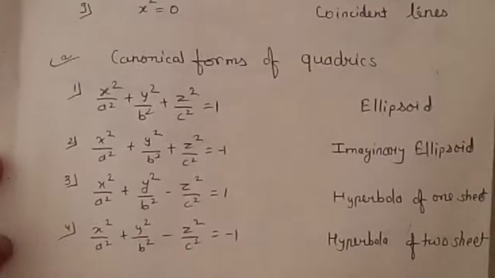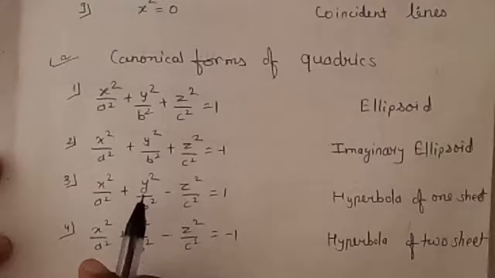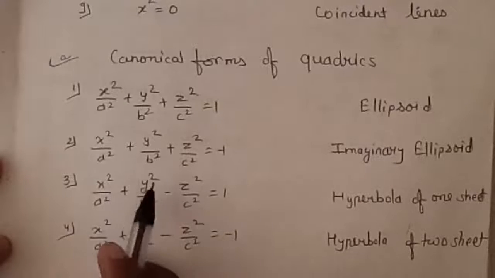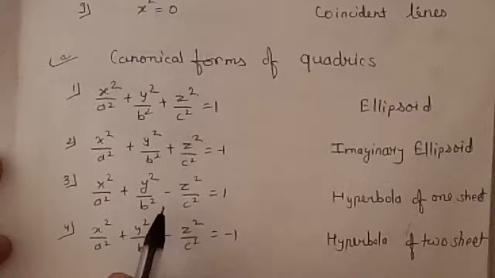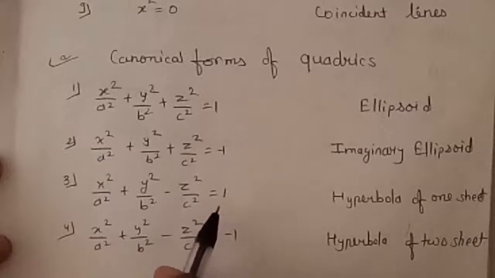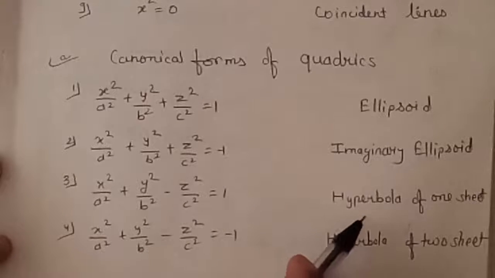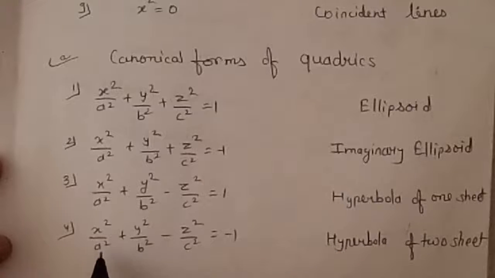Next we have x square upon a square plus y square upon b square minus z square upon c square is equal to 1. Then we say this is the hyperboloid of one sheet. Now if x square upon a square plus y square upon b square minus z square upon c square is equal to minus 1, then this is the hyperboloid of two sheets.